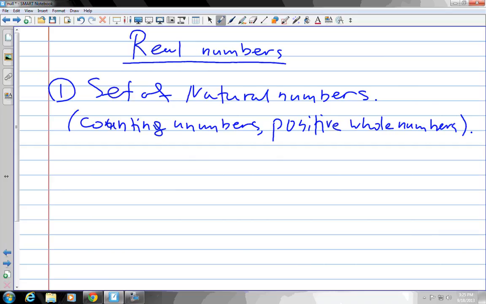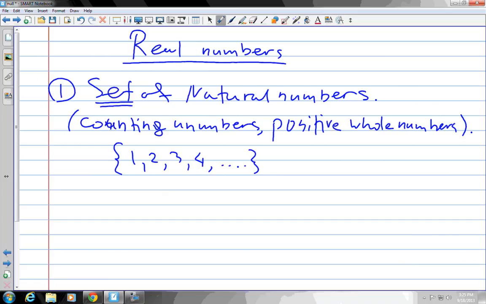So that's 1, 2, 3, 4, 5, and so forth. These are natural numbers. Now, when we talk about sets in a mathematical sense, we use these curly brackets to represent that we're talking about a set. And then we list the elements in that set. So for the natural numbers, it's 1, 2, 3, 4, and so on. Those are counting numbers.